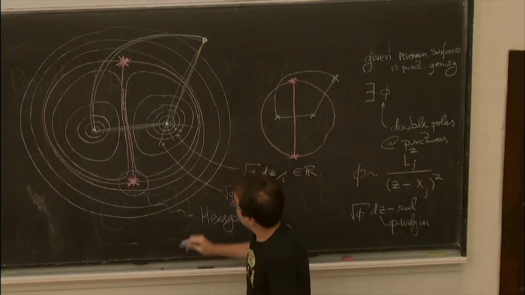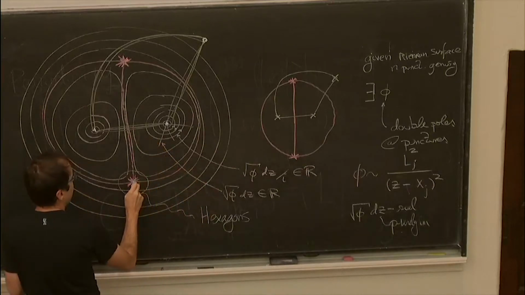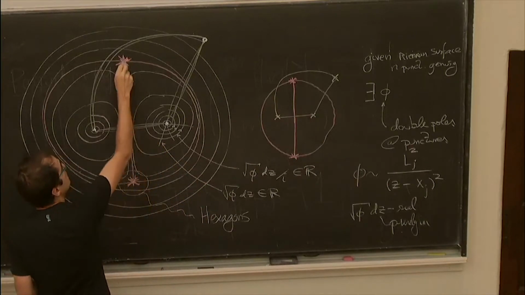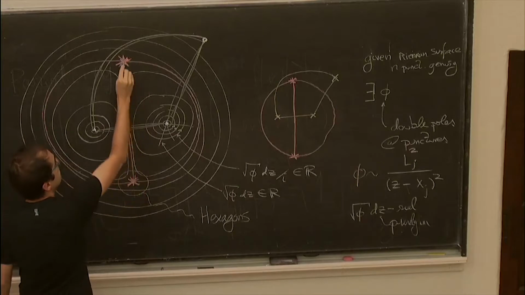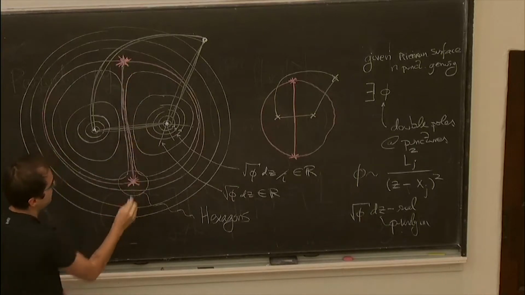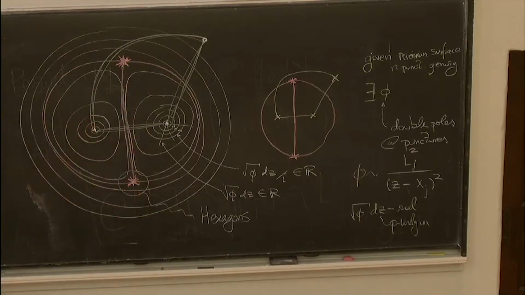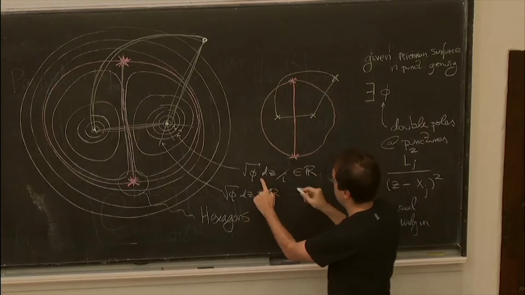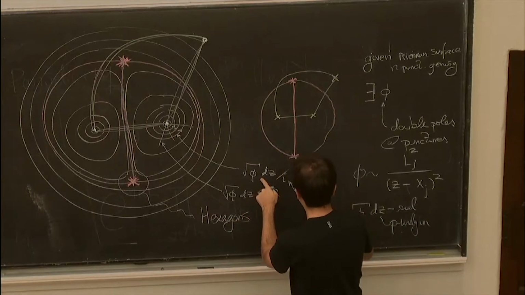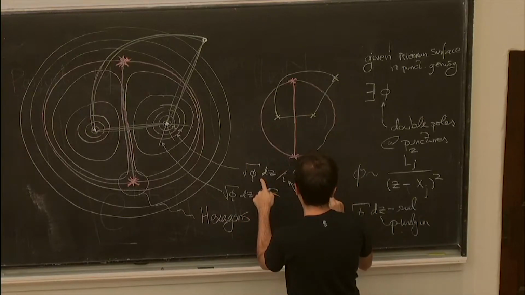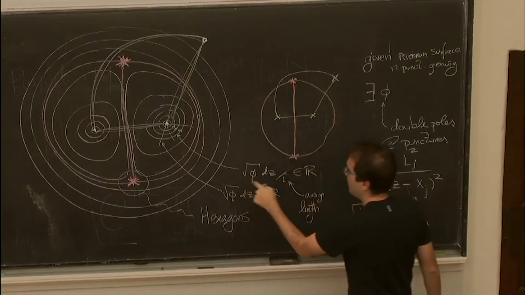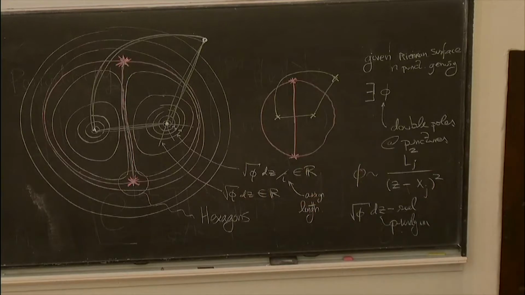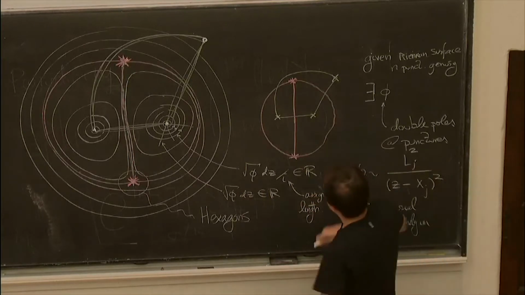But now consider the integral of the differential from this point to this point, say this integral here. I can use this differential to assign lengths to my graph, along a path where these lines are purely imaginary. So what we do is the following.